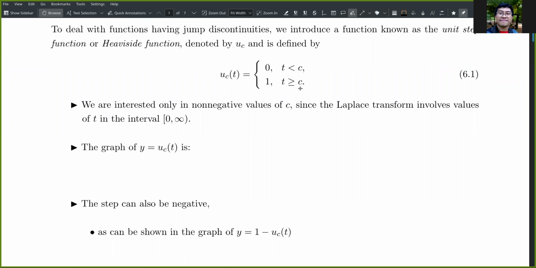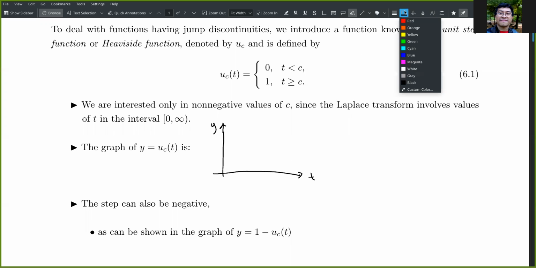The graph of y equals u_c(t) would look like this. If you have a t versus y plot here, let's change color. Suppose this is our c.